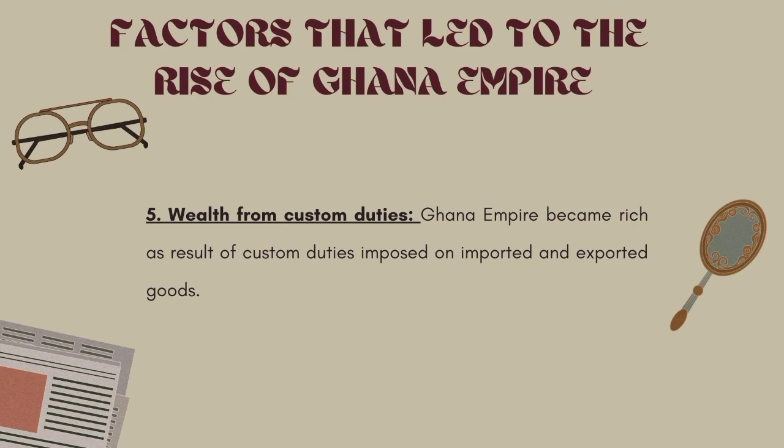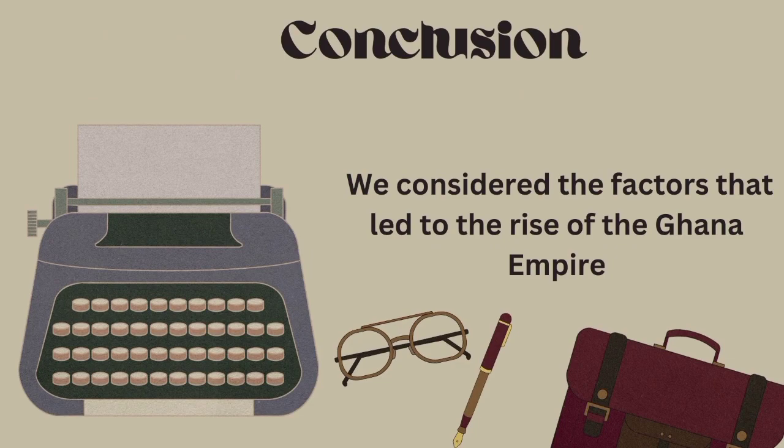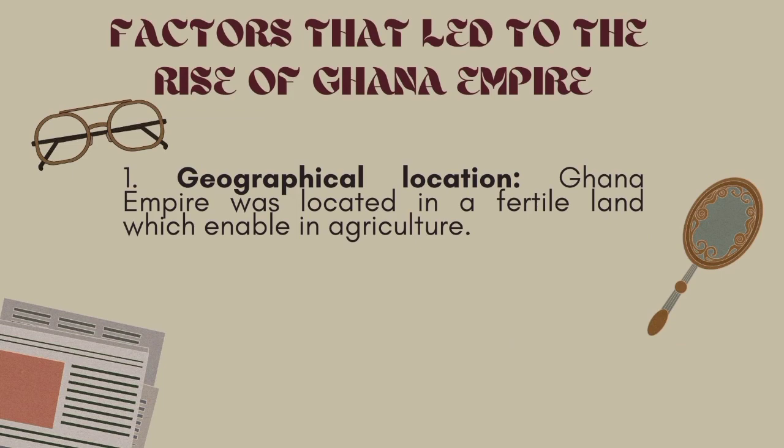Now we've been able to talk about the factors that led to the rise of Ghana Empire. We said one of these factors was geographical location. The Ghana Empire was located in a fertile land that enabled the people to engage in agricultural activity.